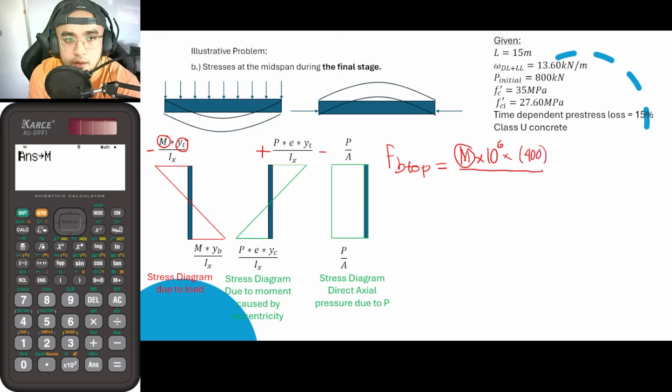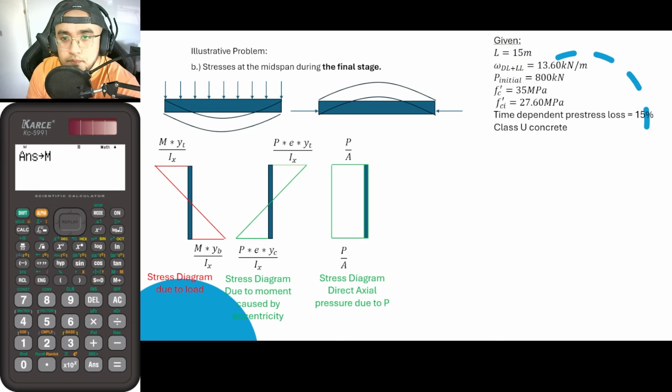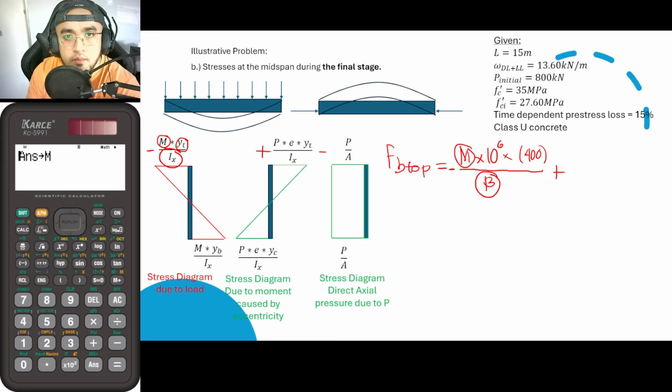divided by the moment of inertia, which was stored in alpha B in my calculator. Once again, this should be negative since it is compression. So plus P. Our new P once again is 680, but this is in kilonewton, so multiply it by our conversion factor first.